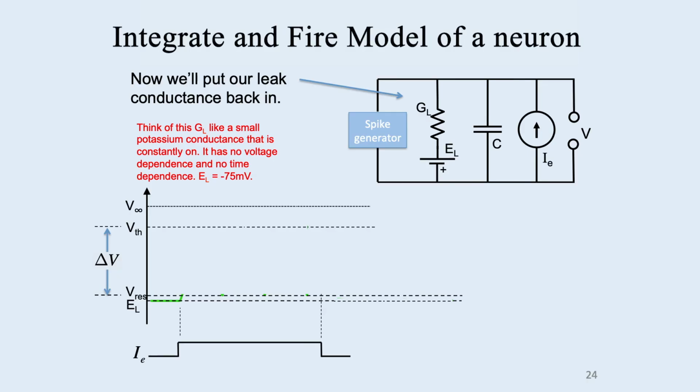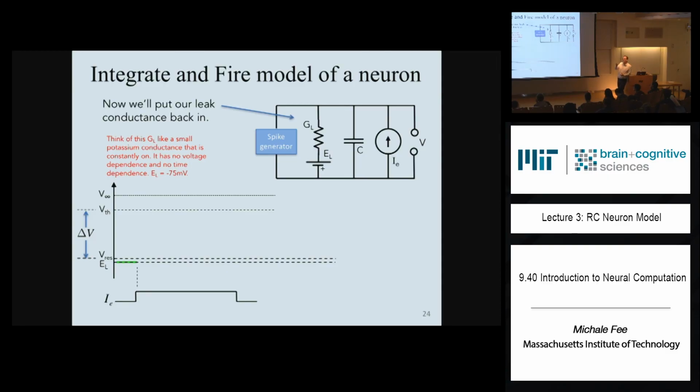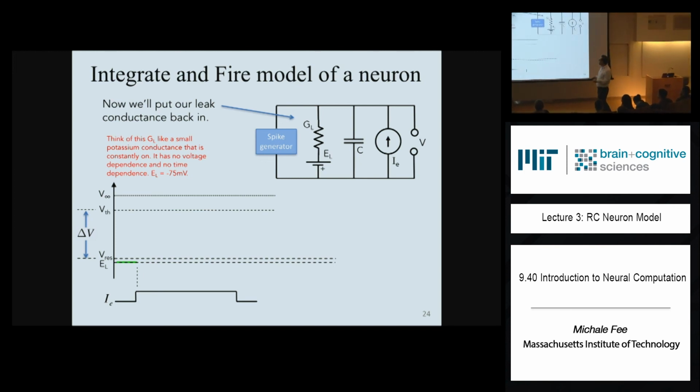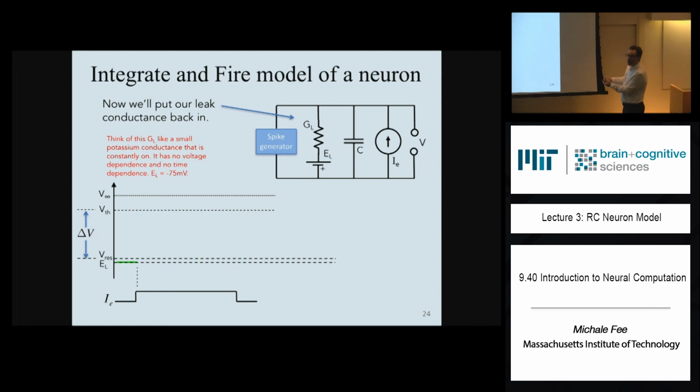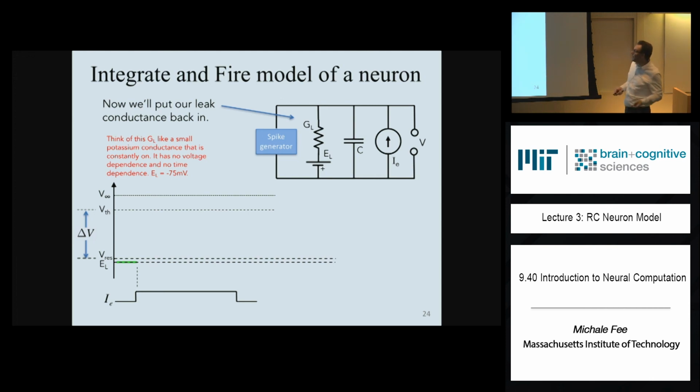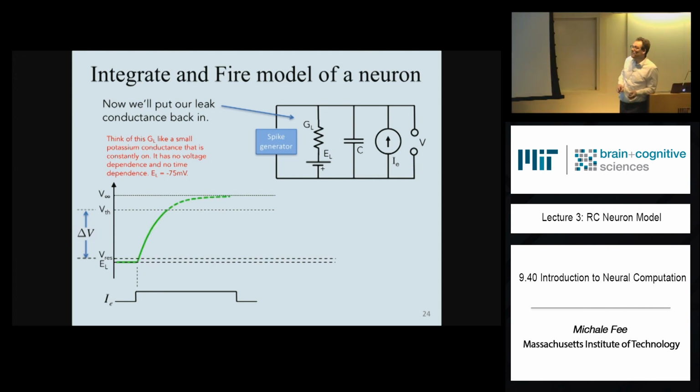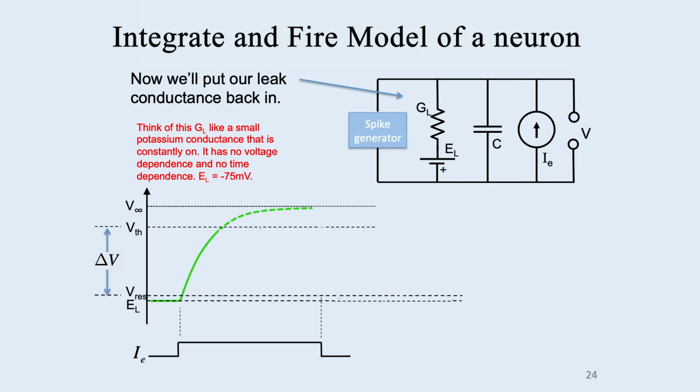Now what happens? Good. The voltage starts here because there's 0 injected current. As soon as you inject current, V infinity jumps up to here, let's say. The voltage relaxes exponentially toward V infinity until it hits the threshold. Very good. Okay, then what happens?